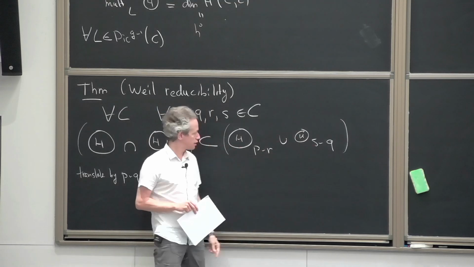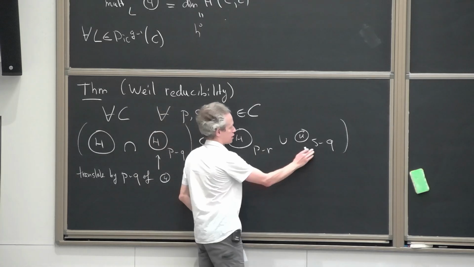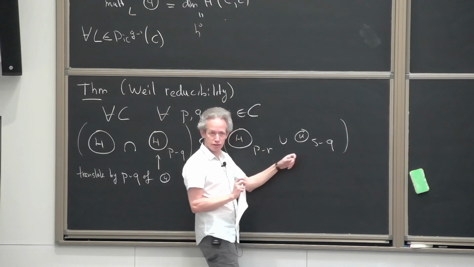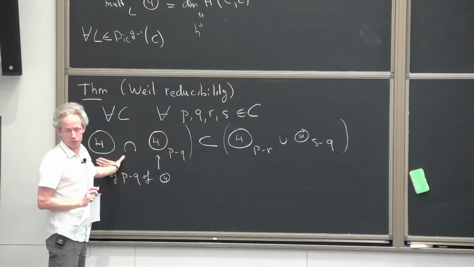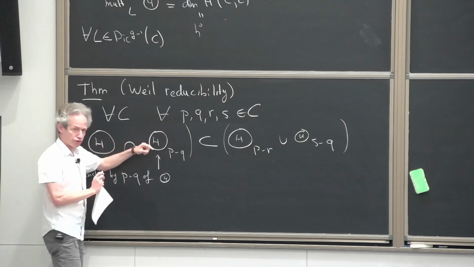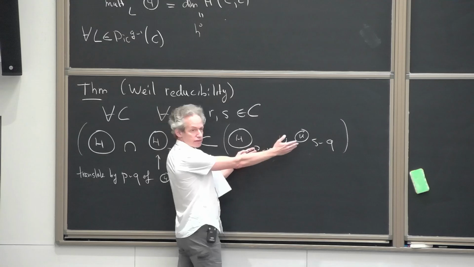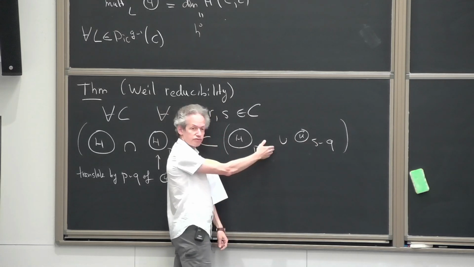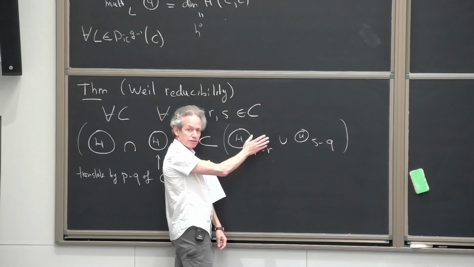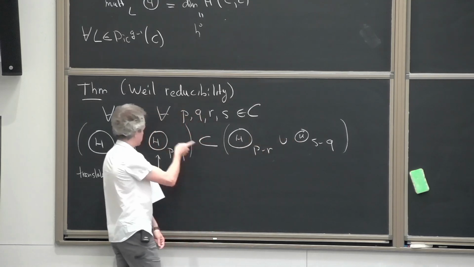All very nice, except the points R and S only appear here. They don't even appear on the left. So what I'm telling you is that this codimension 2 thing is contained in a whole family of such things. Just fix S, let R vary. This thing will move, but somehow the union of these two things will still contain the intersection.